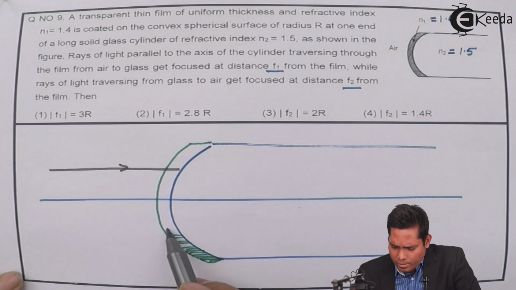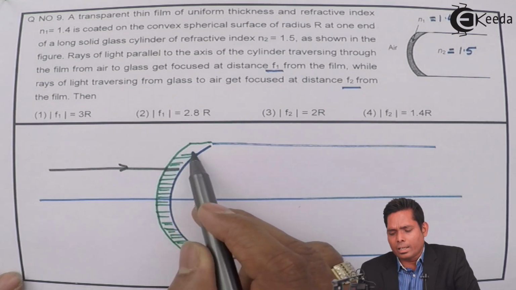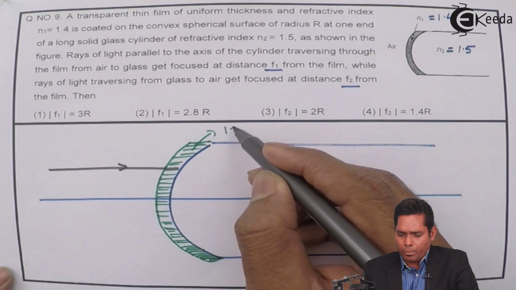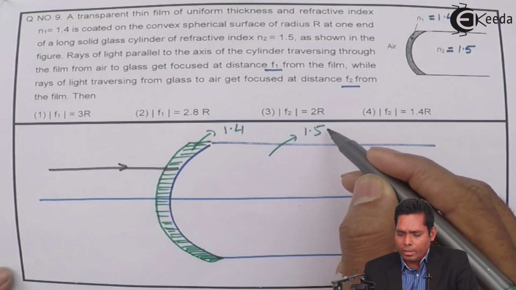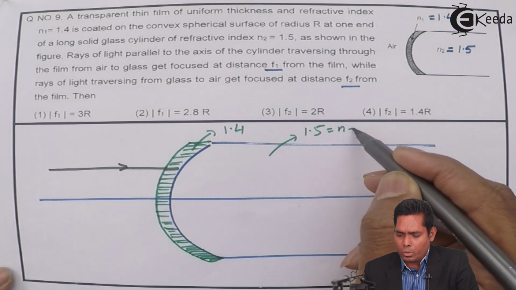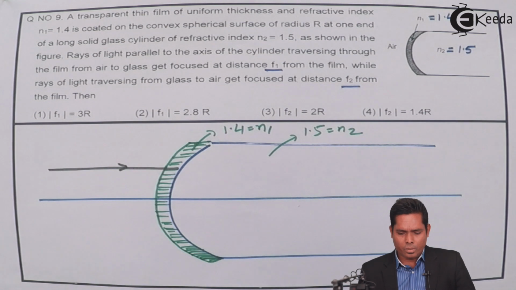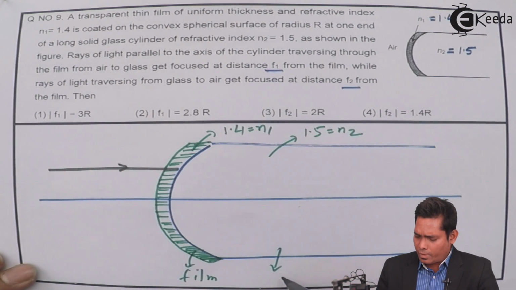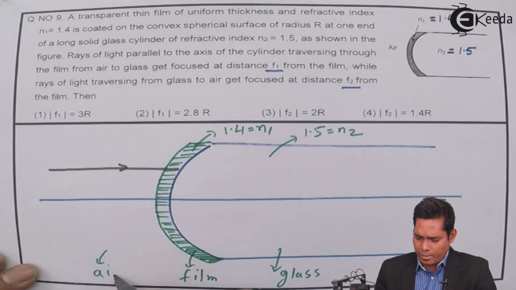This is a thin film whose refractive index is different from that of the glass. Its refractive index is 1.4 and the glass refractive index is 1.5. This we have called n2 and this we have called n1, as shown in the figure. This is a film. This is glass and this is air.